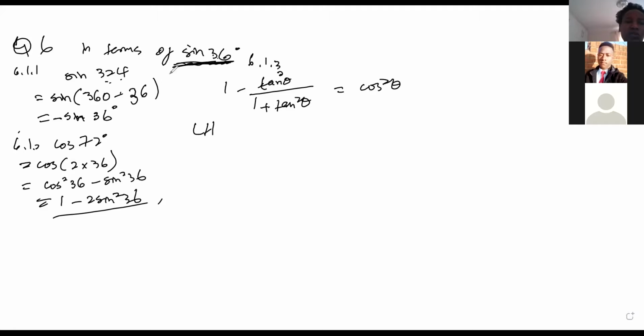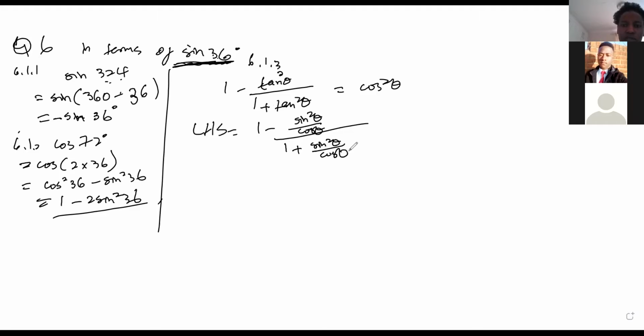We're going to prove the left-hand side. Tan squared theta is the same as sine squared theta over cos squared theta. So we have 1 minus sine squared theta over cos squared theta, over 1 plus sine squared theta over cos squared theta. I'll just put this division here.